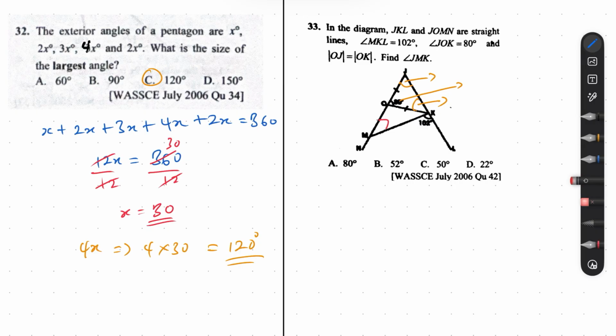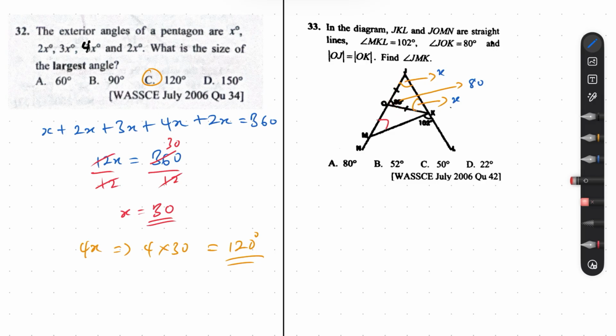So let's call these two equal angles x and x. And then finally this angle is 80, so let's write it there. These three angles should add up to 180, because it's a triangle.